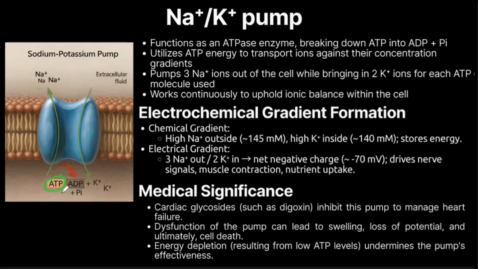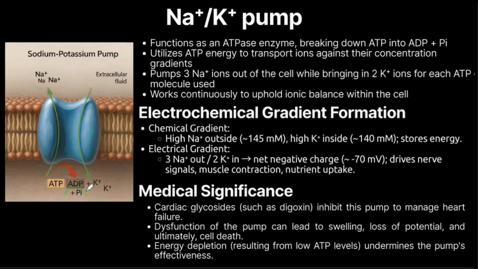ATP, which means adenosine triphosphate, or 3 phosphates, breaks down into ADP, or adenosine diphosphate, which means 2 phosphates, and that additional phosphate is broken off.